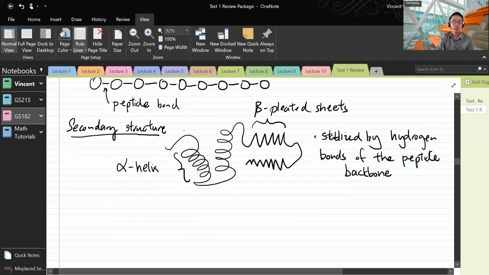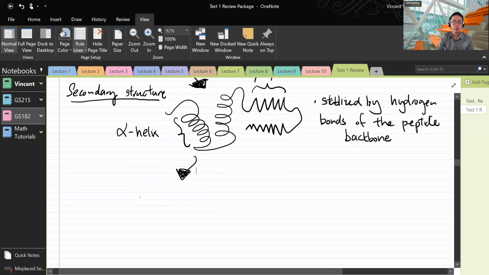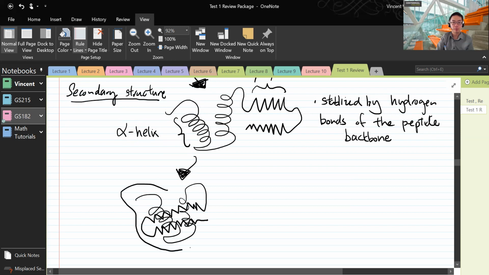Of course, primary leads to secondary, and then secondary leads to tertiary, where it folds up into some kind of three-dimensional shape. It is really hard to draw a 3D shape on a 2D surface, but you get an overall three-dimensional structure, and that is the tertiary structure.